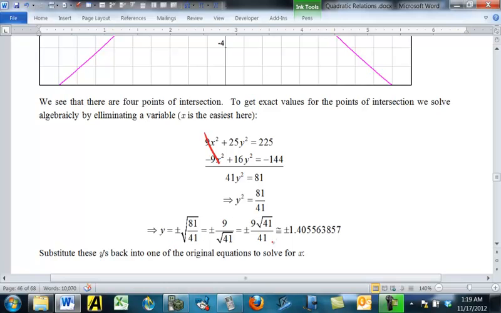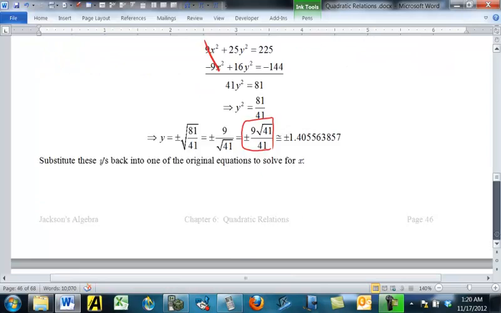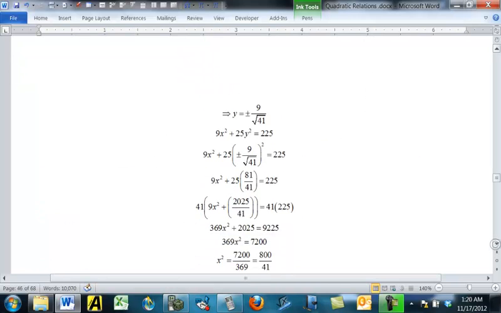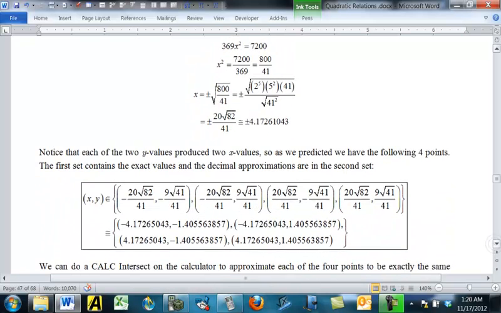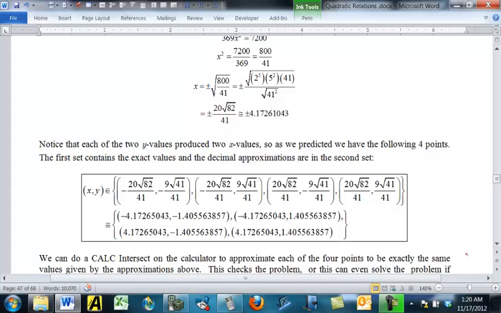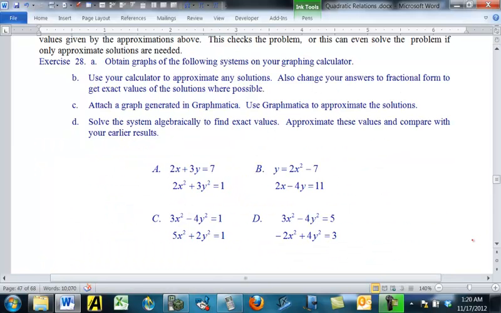So here it is as a reduced radical with a rationalized denominator, or there it is with the rationalized numerator. For each of those y's, there are x's that go with it. It turns out for each of those y's, there's 2 x's, so that actually gives you 4 values, and there they are exactly and approximately. And if we want to do it approximately, we could do it on our calculator.